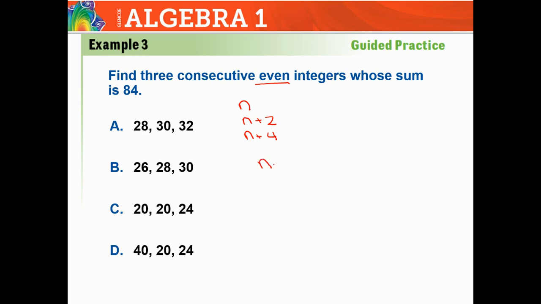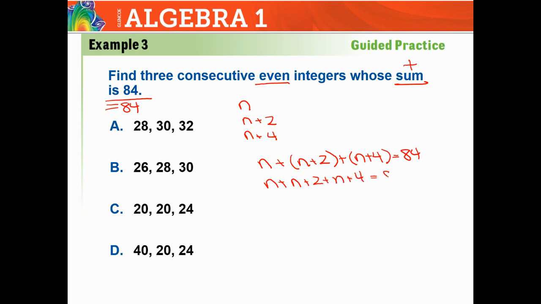So now we do n plus 2 plus n plus 4 equals 84, because we're doing our sum, that means we're adding them all together. We're going to simplify. We have n plus n to get 3n plus 2 plus 4 is 6 equals 84.